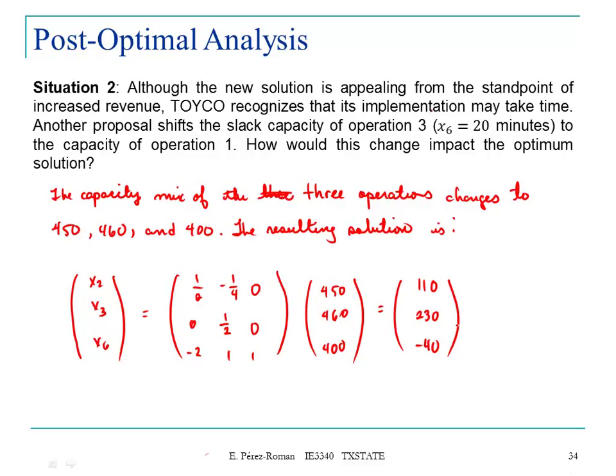Is that solution feasible? It's not feasible because x6 is less than 0. Okay, so there's a variable that is not positive.